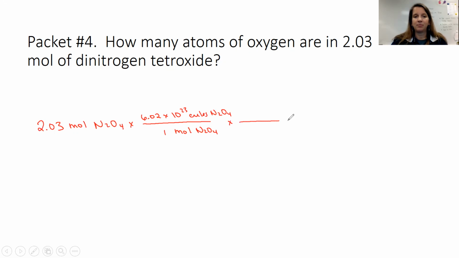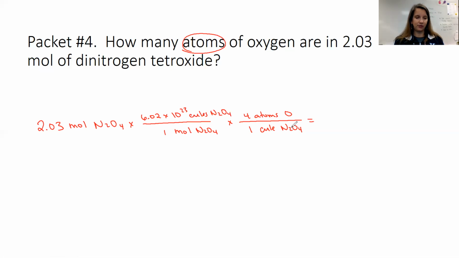We're going to multiply that by, as we're looking for atoms of oxygen and we're not there yet, we're still in molecules, so for every 1 molecule of N2O4, we are going to have 4 atoms of oxygen. And since we're looking for atoms of oxygen and we have atoms of oxygen at the top, we're done setting up our problem and we can go ahead and solve.